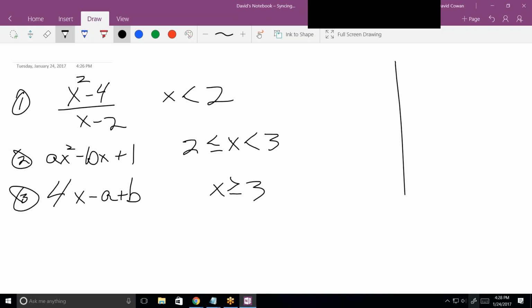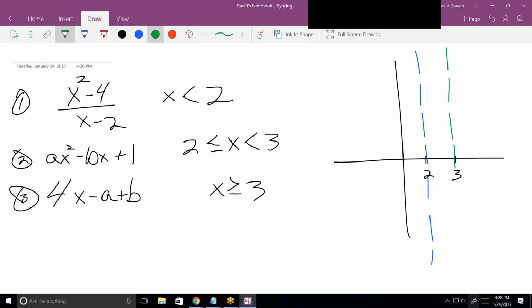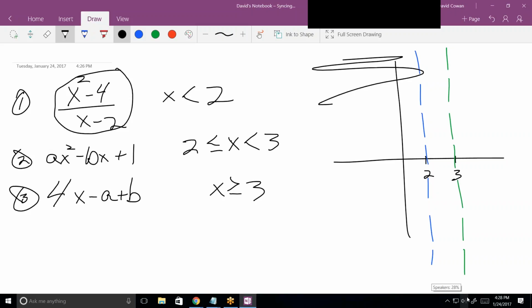Again, let me see if I can explain this conceptually. Here's 2. Here's 3. There's basically 2 vertical bands here. The function is this everywhere in this area here.